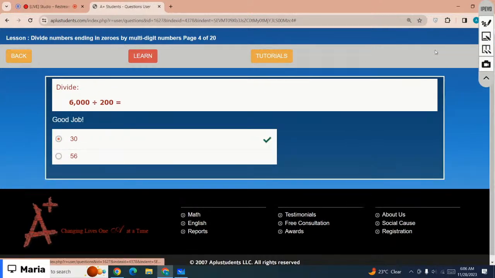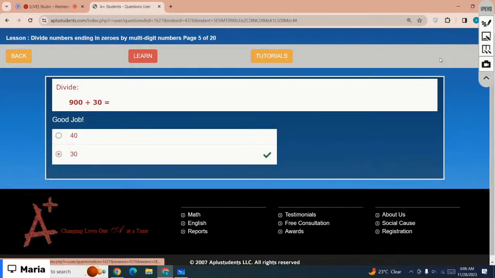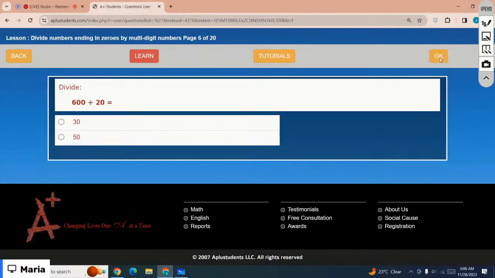The correct option is 30. 900 divided by 30, which is the correct option? Very good. That is 30. Okay, 600 divided by 20, which is the correct option? Yes, the correct option is 30.